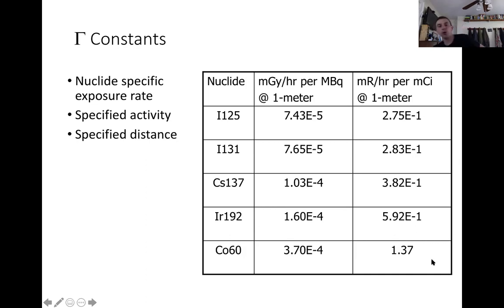Something like cobalt 60 has two high energy photons per decay, and they're both 100% abundance. That means every single decay is giving off those two photons, so it has a high gamma constant. For something like I-125, which has lower energy gammas and some x-rays, they're less abundant. Not every decay has one of those gammas, so it would be much lower.